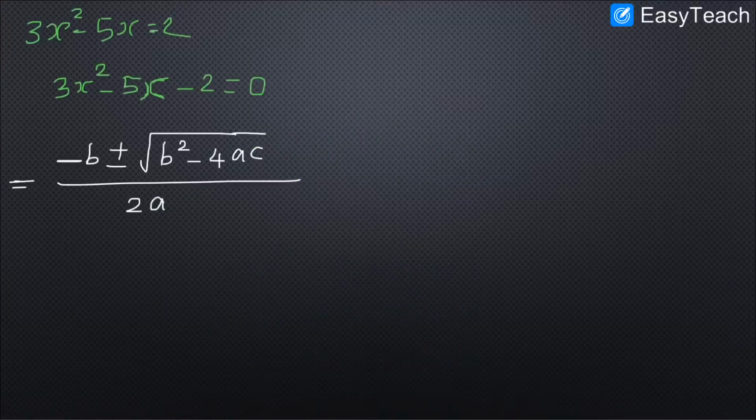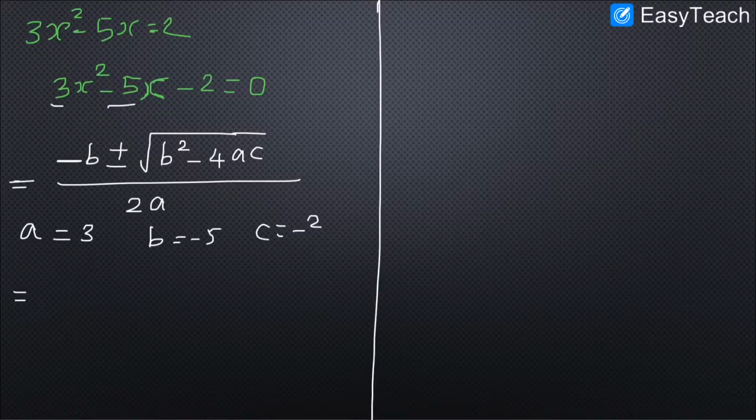First I write the formula here, minus b plus or minus root b square minus 4ac by 2a. So let me write the values of a, b and c. Here a is 3, b is minus 5 and c is minus 2. Let's substitute the values of a, b and c in the formula.